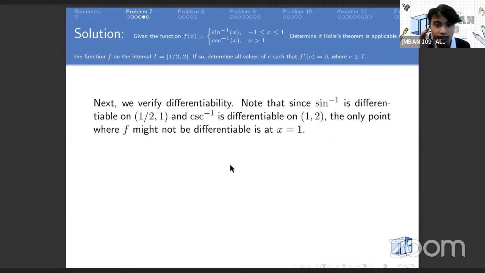So next, since we have verified its continuity, let's verify its differentiability.